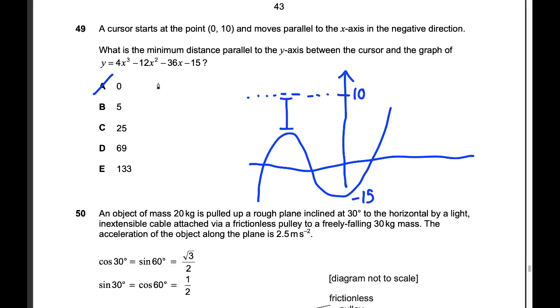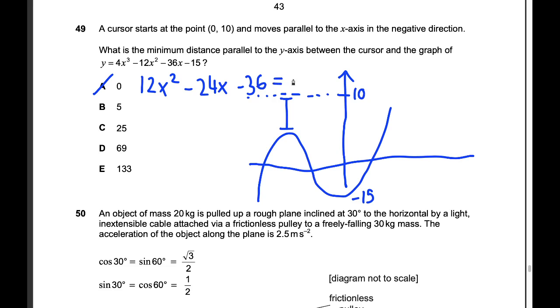So the only way to do that is to differentiate and set it equal to 0. So we're differentiating to find a gradient function. We'll set that equal to 0. So if we differentiate, we will get 12x squared minus 24x minus 36. I'm going to set that equal to 0.